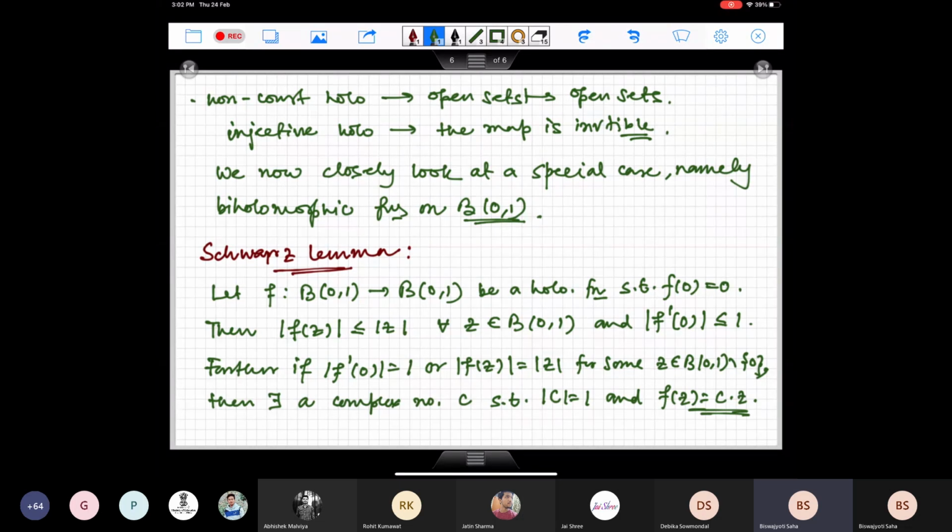Of course they satisfy the first condition, but we will be more interested in the second one, because the second part of the Schwarz lemma in fact gives a characterization of our functions: these constant times z are the only possible choices. Great. So is the statement clear for Schwarz lemma?